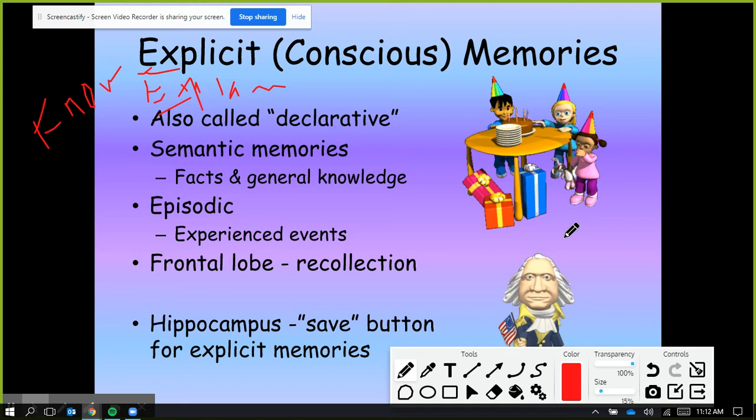The hippocampus is what processes explicit memories. Essentially, the hippocampus is the save button for this type of memory. These memories are stored mostly in the frontal lobe of the cerebral cortex.